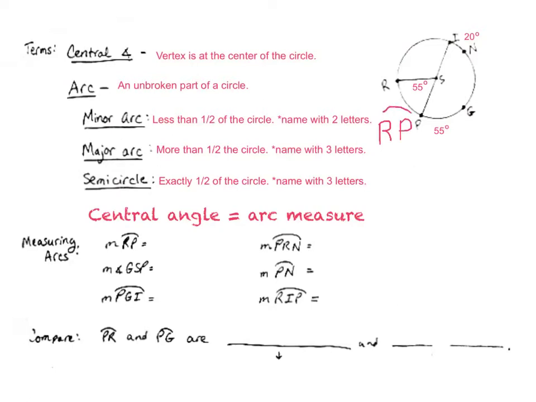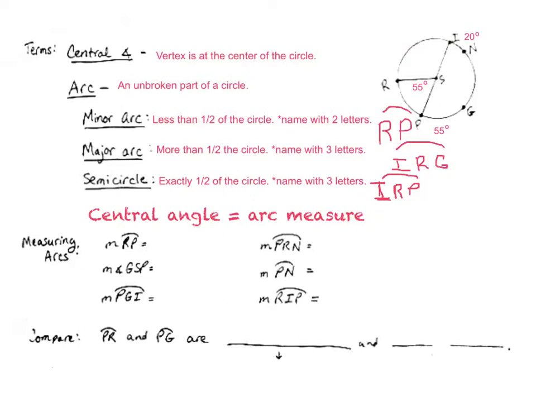For a major arc of 3 letters, I said IRG, for example, IRG, again with a little arc over the top. And the same thing with semicircle. We said that would be IRP with a little arc over the top. If you're unsure, just follow those letters, match them up.